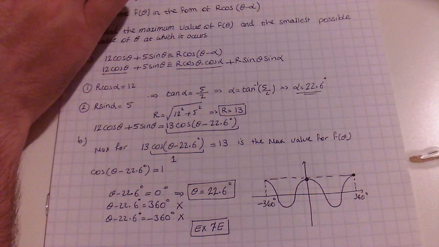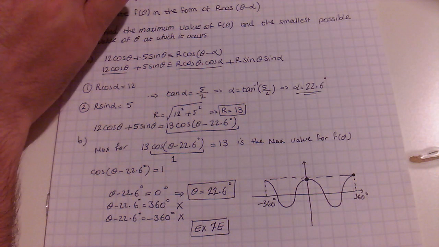Okay, this maximum value occurs when cos theta minus 22.6 degrees is equal to 1. You don't have to use a calculator, you should know that cos is equal to 1 when the angle is equal to 0 degrees.